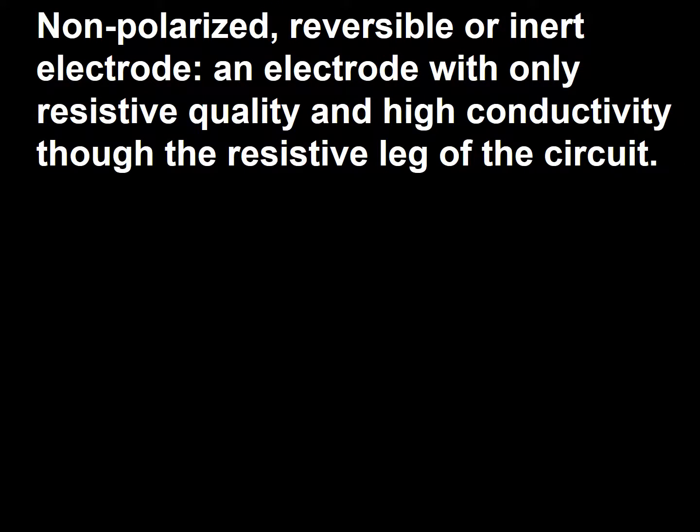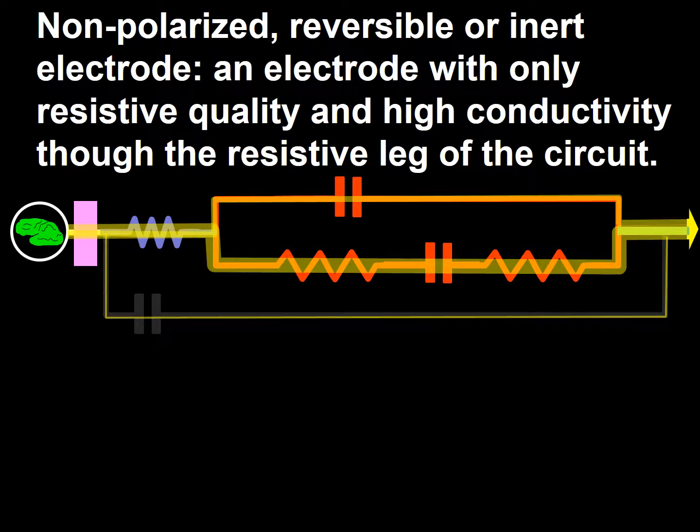So, to summarize this concept, the terms non-polarizable electrode, reversible electrode, or inert electrode are used to describe good EEG electrodes. Good electrodes are good because most of the current travels easily via the resistive leg of the electrolyte electrode interface.